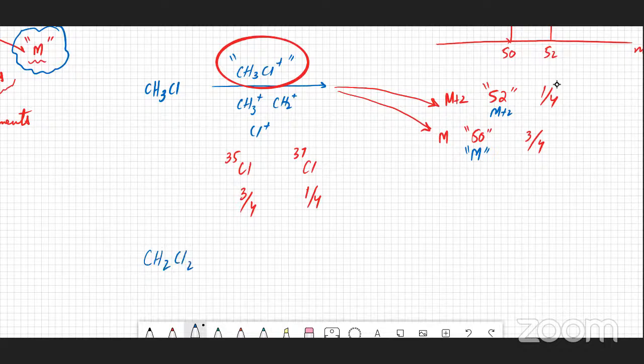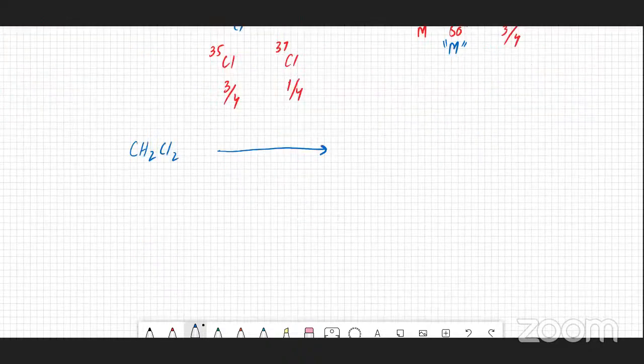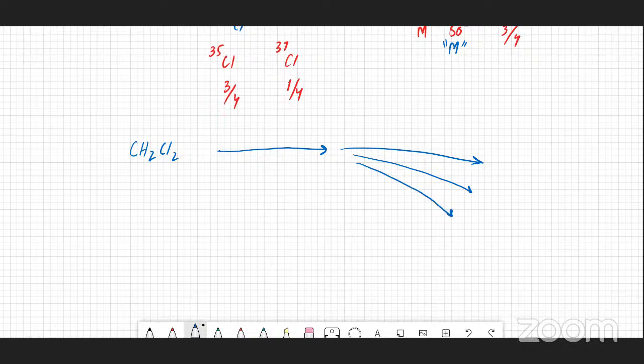Now the molecular ion would be the same exact process. Okay, it's going to get deflected, but the molecular ion peak is going to have 3 deflections because there would be 3 different particles which would have the same formula, CH2Cl2. Either both of the Cls are 35, so it's going to be 35 plus 35, that's 70, plus 14, that's 84.